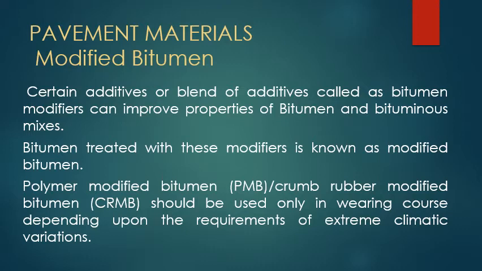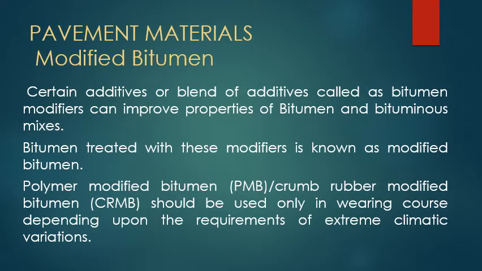There are many modifier materials that can be used to mix with bitumen to improve their performance as paving materials. Rubbers are preferred as bitumen modifiers due to their lower prices and availability.